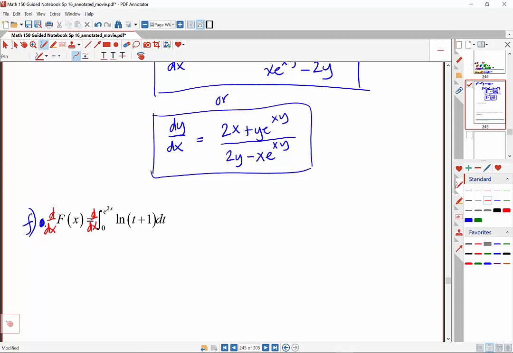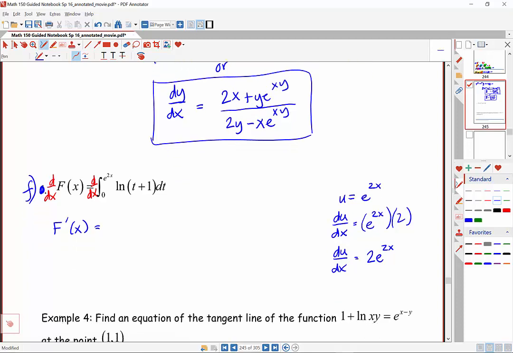So on the left, we're going to get capital F prime at x. But notice that you've got a function of x going on. So we're going to need to write this as, if u is equal to e to the 2x, du dx would end up being e to the 2x times 2, which gives us du dx is equal to 2e to the 2x.